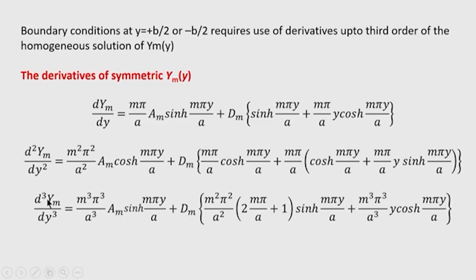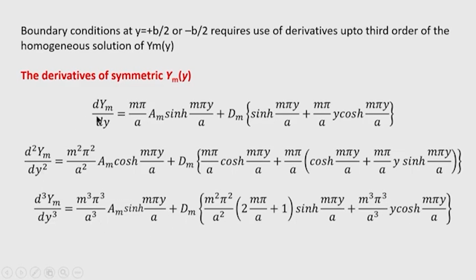Then when we go to a higher derivative, say the third derivative, interestingly you can see that odd terms appear. Sin hyperbolic m pi y by a is an odd term, and y is an odd term, but cos hyperbolic is an even term, and the product of odd and even is again an odd term.